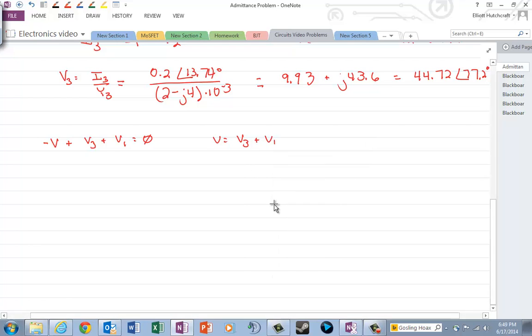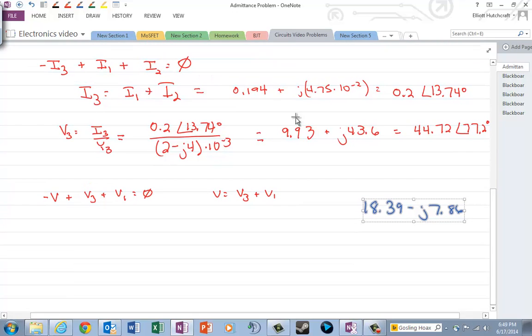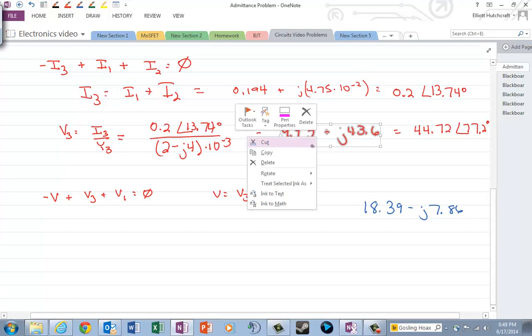And then V3, I'll take the rectangular form of that.